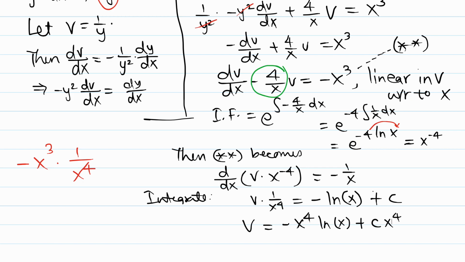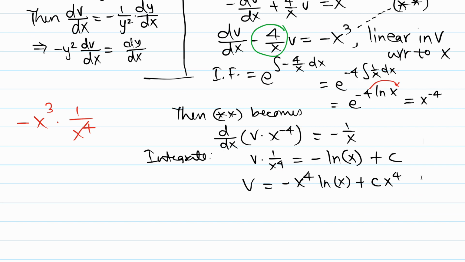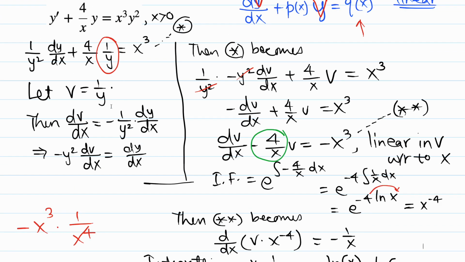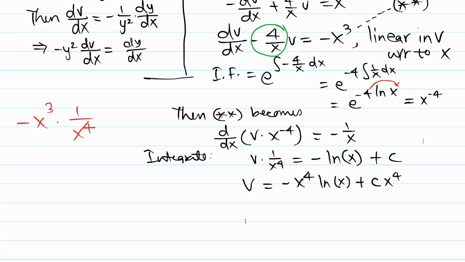Okay, I multiplied through by x to the 4th. But v is 1 over y, so this is 1 over y. Just to save room, I'm going to write an extra step here. This is 1 over y, so 1 over y equals this.